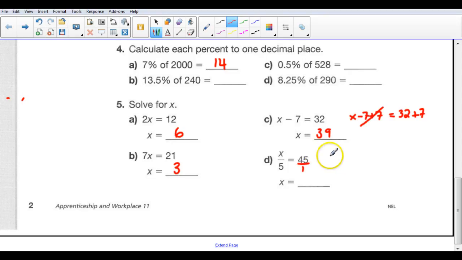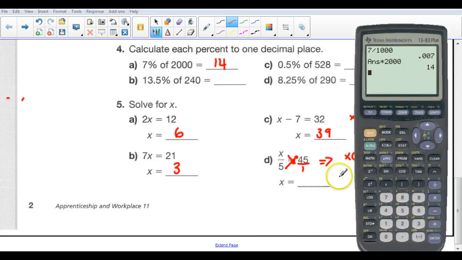So basically what I have here is x times 1, cross multiply, I'm going this way, is equal to 5 times 45, going that way. Notice I didn't put the times symbol, I just did 5 bracket 45. You can write multiplication that way. Well, we know that x times 1 is x, so x is equal to 5 times 45.